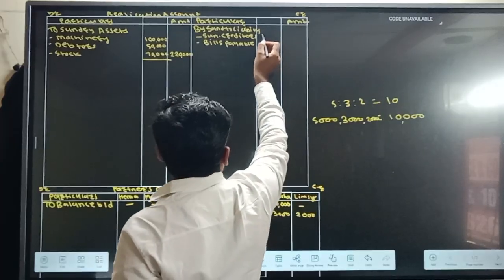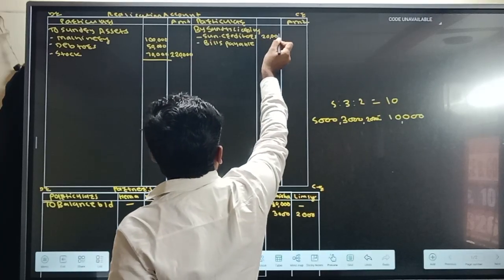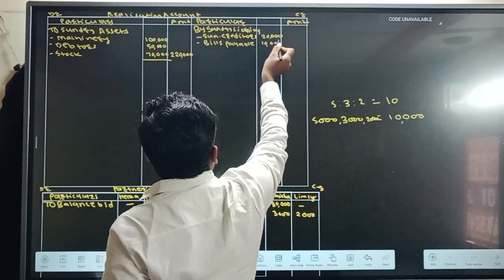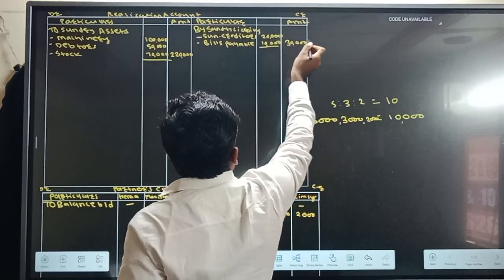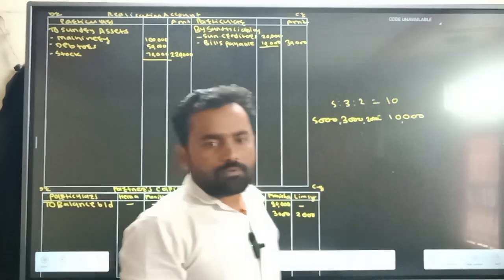Sundry creditors amount 20,000 and bills payable 10,000. So the total of these two is 30,000. Write it in the main column.